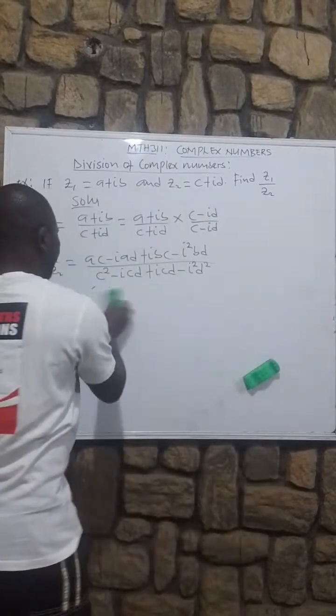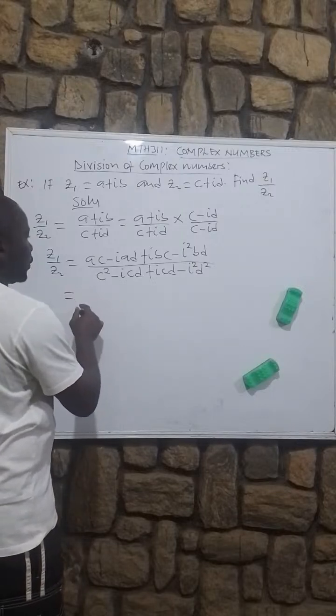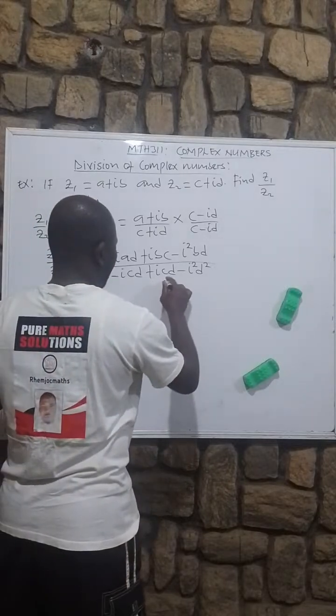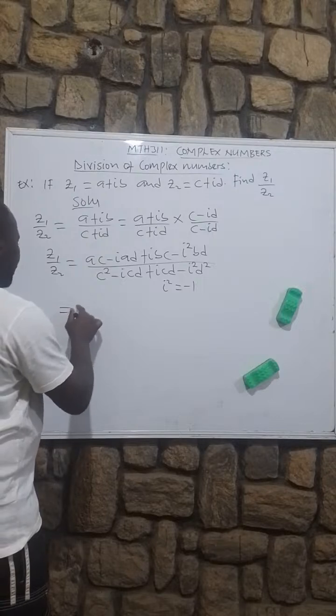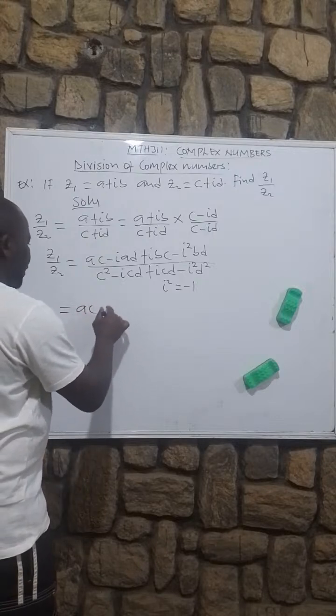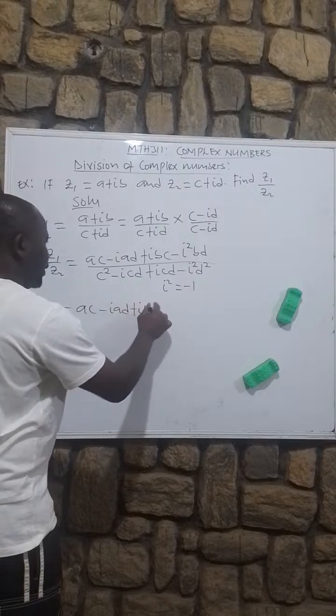Okay? So let's proceed. This is equal to, mind you, i square is equal to minus 1. So minus ac minus iad plus ibc.